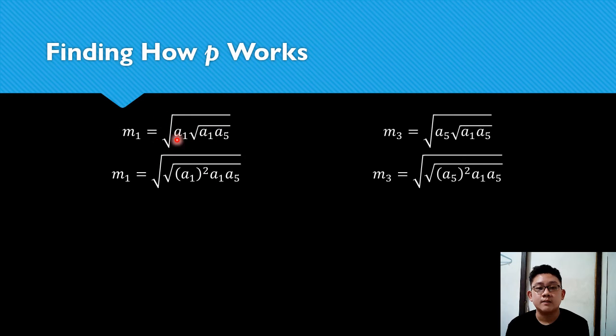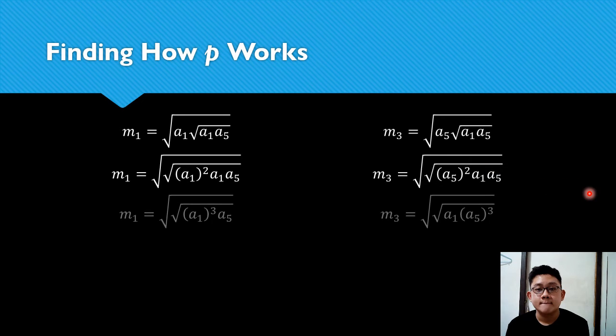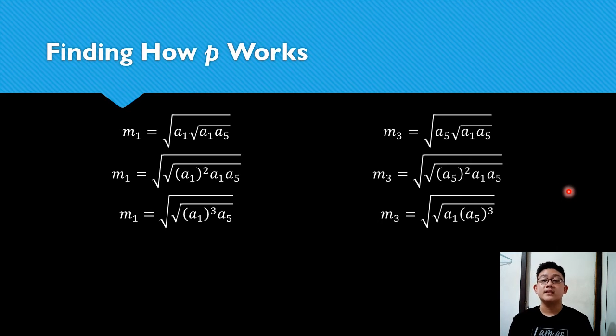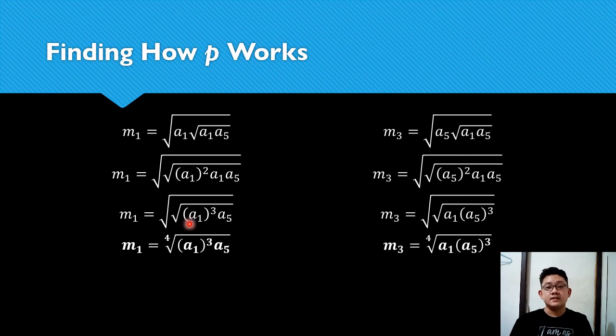Place the a sub 1 inside, a sub 5 inside. Addition of exponents when you multiply the same bases. That's a law of exponents. And since we can rewrite this as an exponent, 1/2, 1/2, and then you're basically multiplying exponents. 1/2 times 1/2 would be 1/4.